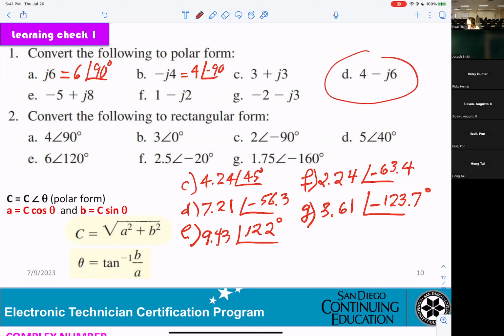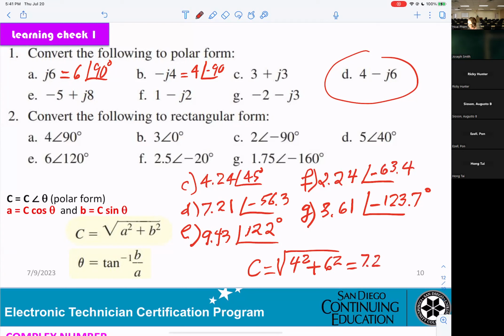So the first thing, you take the square root of 4 squared plus 6 squared. What do you get? 7.21, yeah.